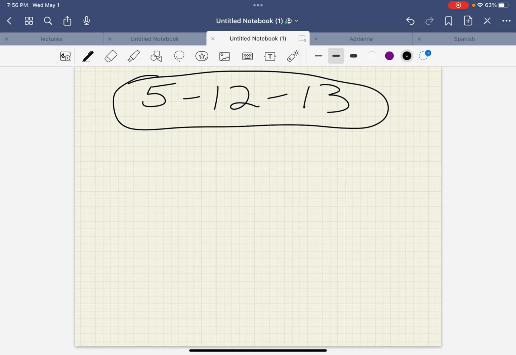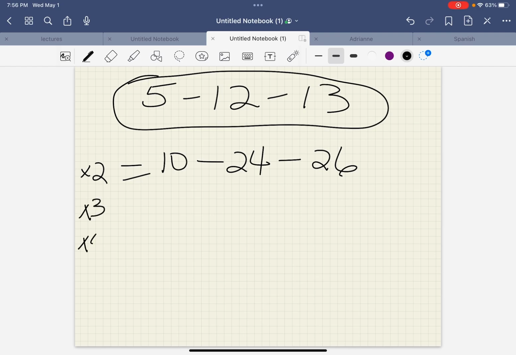So the first one, this would be considered that number times 1. So if we multiply this by 2, the next triplet would be 2 times 5 is 10, 2 times 12 is 24, and 2 times 13 is 26. All right, that's also a Pythagorean triple. Since they want 3, we're going to go up to 3, and then we'll also do 4.